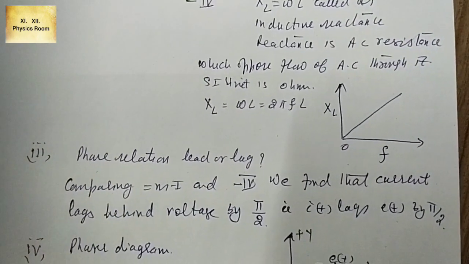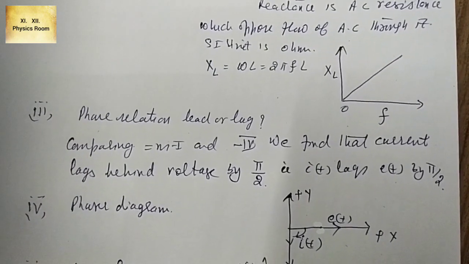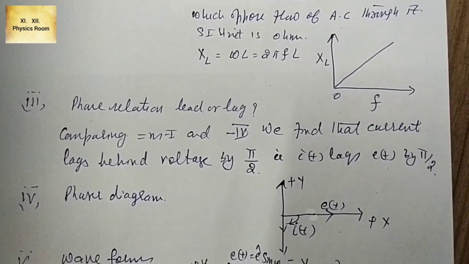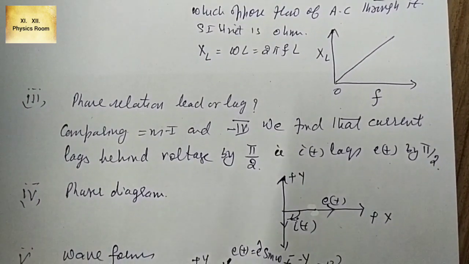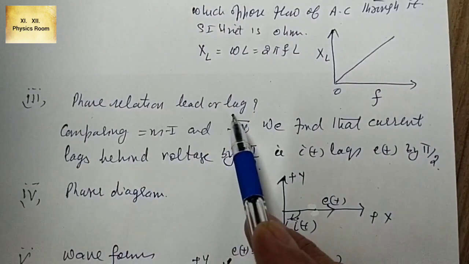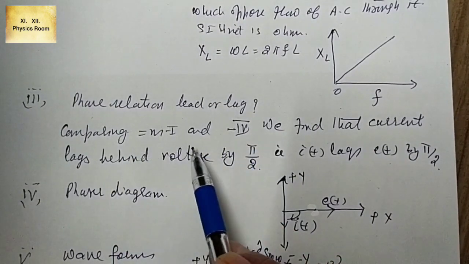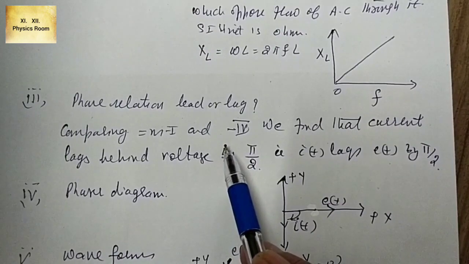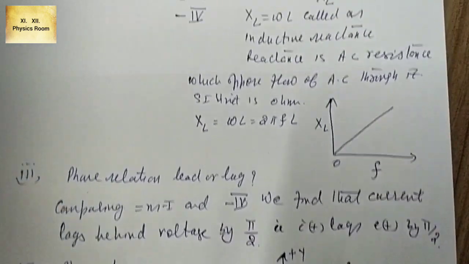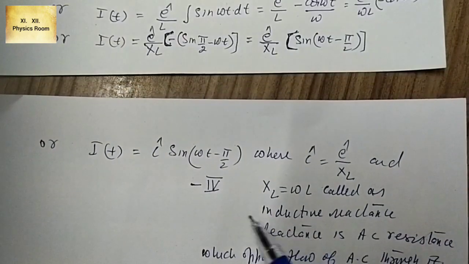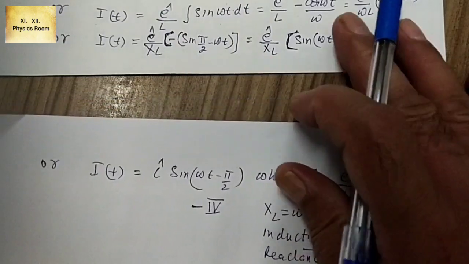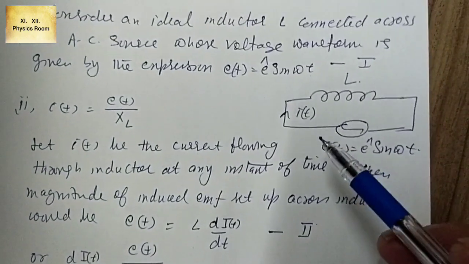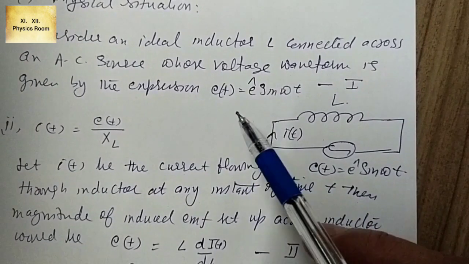Now we come to the third step, phase relation, lead or lag. Now comparing equations 1 and 4. This is the fourth equation and this is the first equation.